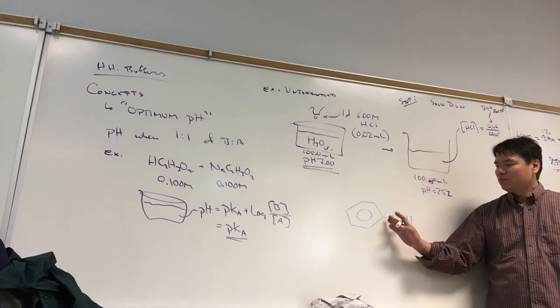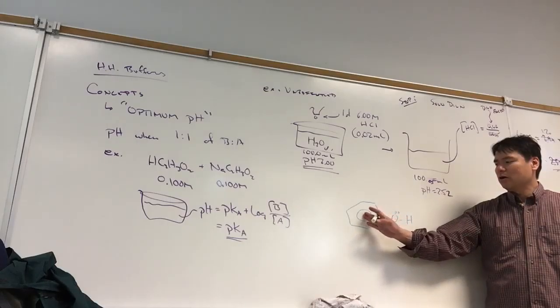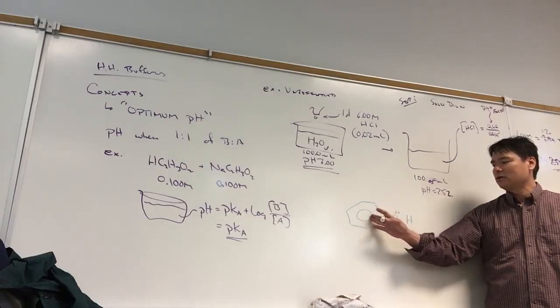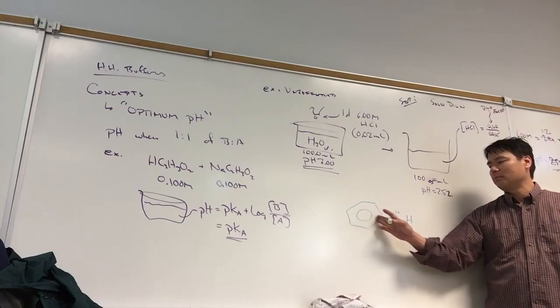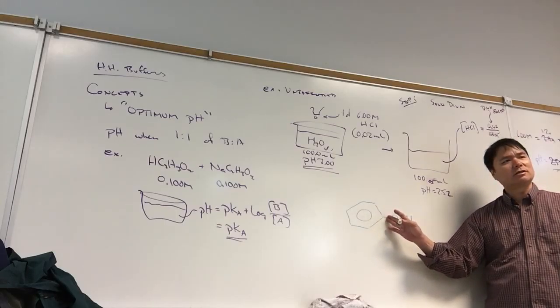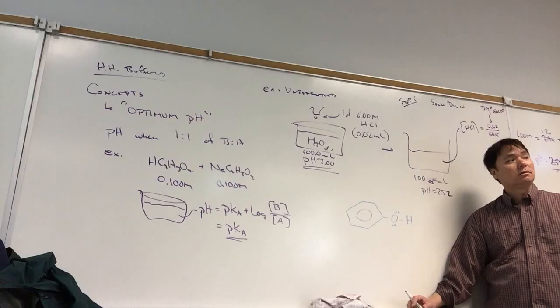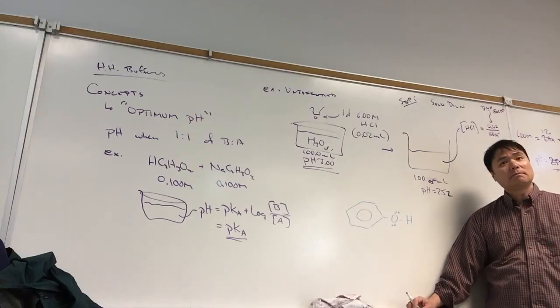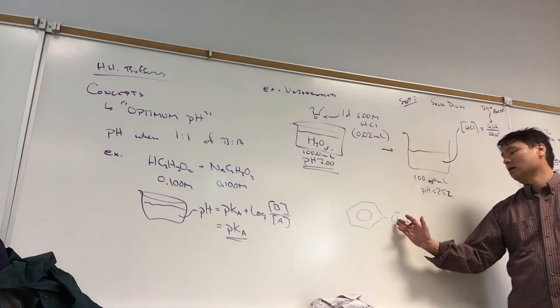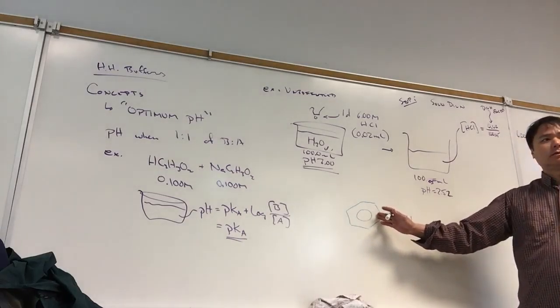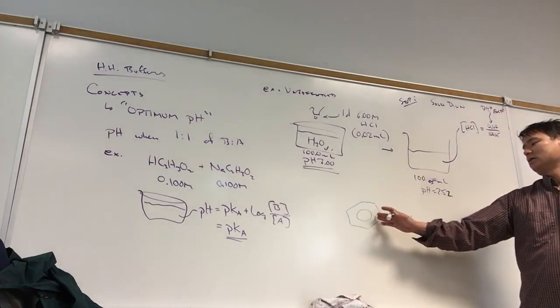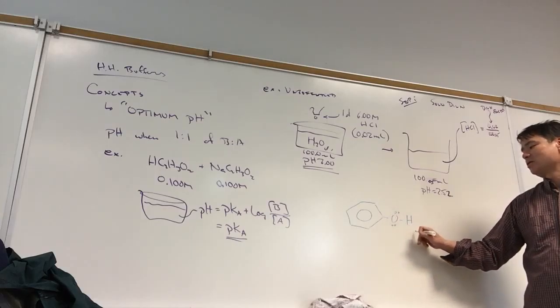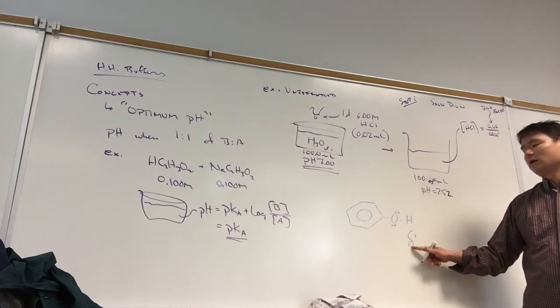So this benzene ring must be either an electron withdrawing group, that is, sucking electron density away from this, or an electron pushing group, giving electron density to this. What do you think? The benzene ring is an electron withdrawing group. That is, it's sucking electron density away from this, making this hydrogen more electropositive.